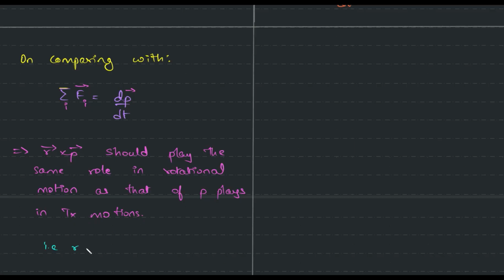That is, r cross p is your angular momentum of the particle. And that's that.